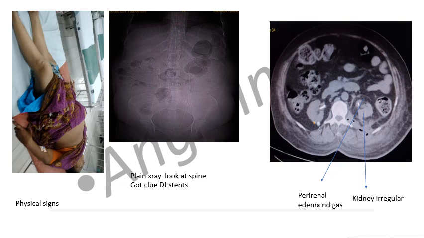So the next thing is to take an X-ray. In an X-ray, you will find out whether it is the spine which is having the issue or whether it is the kidney. These are the structures in the retroperitoneum. So kidney, spine, and the pancreas. These are the famous three villains sitting there. Another one is your abdominal aorta.